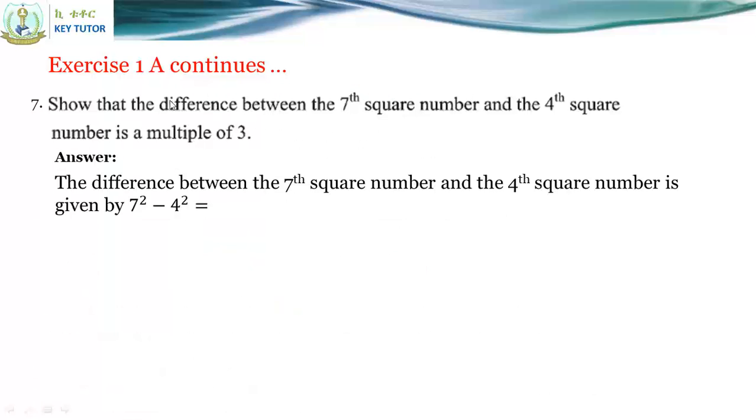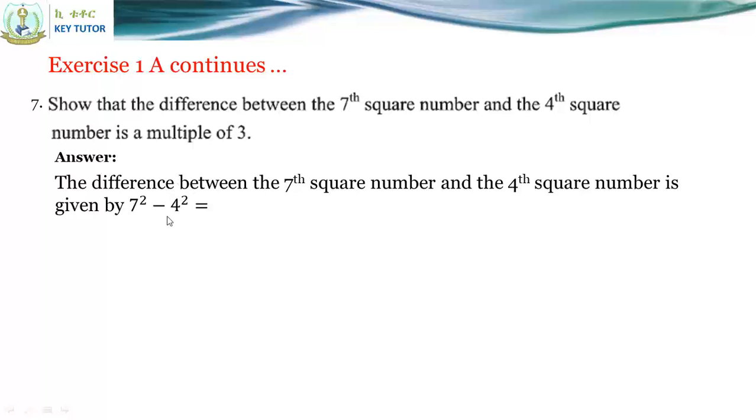The other question says show that the difference between the 7th square number and the 4th square number is a multiple of 3. First of all, you take the 7th square number and the 4th square number. The 7th square number is 7 squared, the 4th square number is 4 squared. The difference is 7 squared minus 4 squared. This is the difference of two squares.